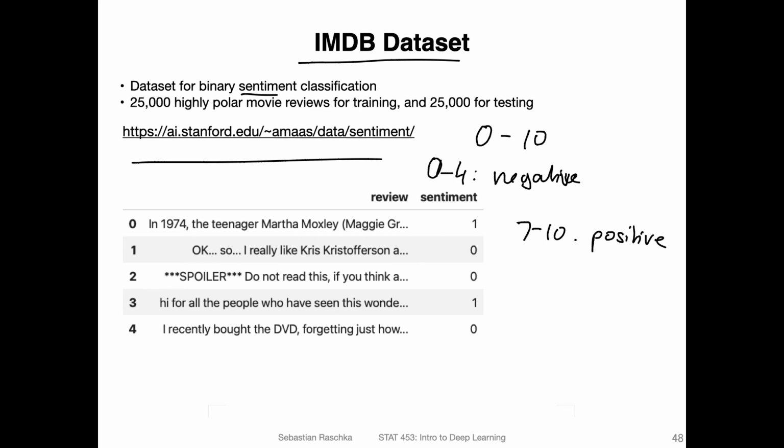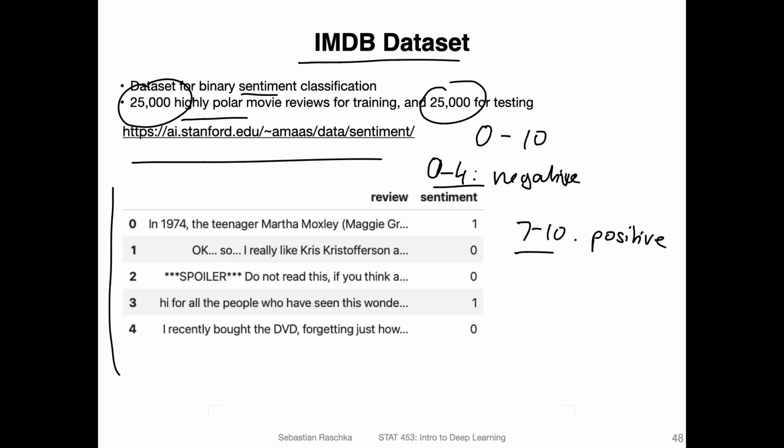They don't use 5 and 6 because it's ambiguous. They refer to them as highly polar movie reviews. So anything with a rating between 0 and 4 is considered negative, and anything between 7 and 10 is considered positive. And they have 25,000 reviews for training and 25,000 for testing.